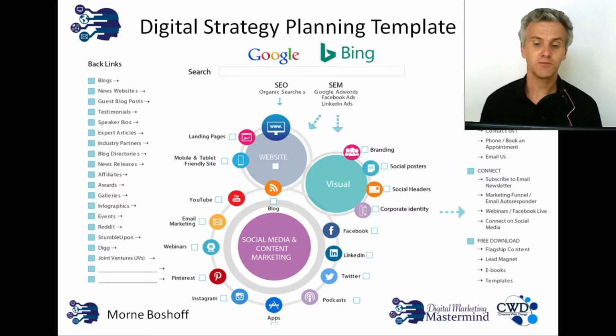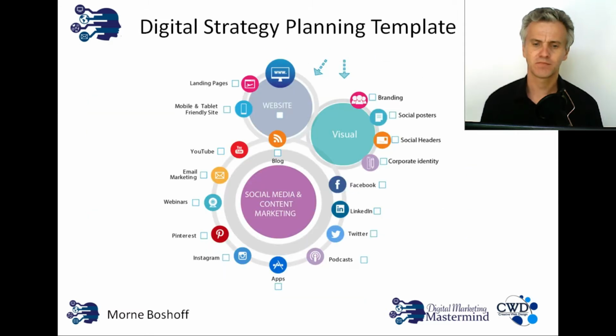You have elements such as visual, a website, landing pages, a social strategy, content planning, backlinks, outcomes. So initially when you have a look at this, it all seems so overwhelming and you're not quite sure how it all fits together. What elements are there in common?